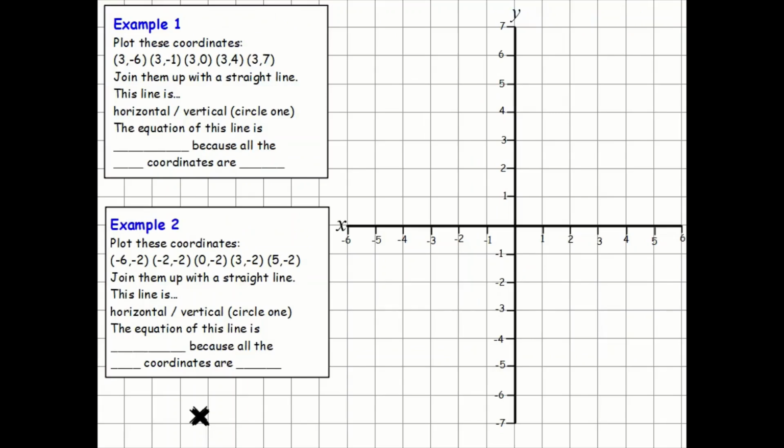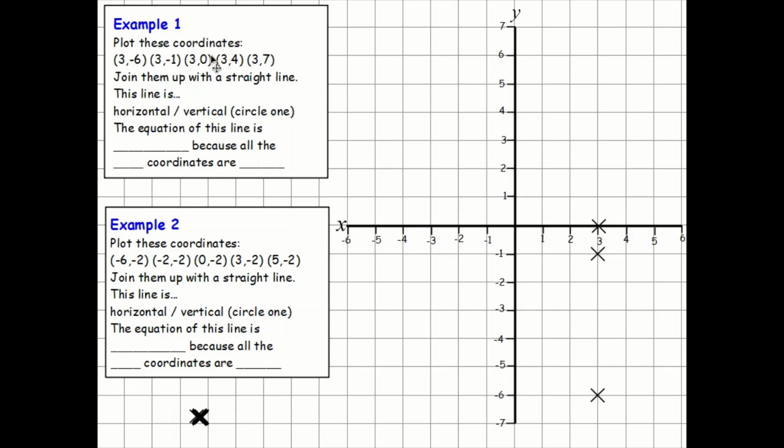So example number 1, it says plot these coordinates. Okay, let's do that. So 3, minus 6: along the corridor to 3, down to 6. 3, minus 1: along the corridor, down to minus 1. 3, 0: along the corridor to 3, but up or down nowhere.